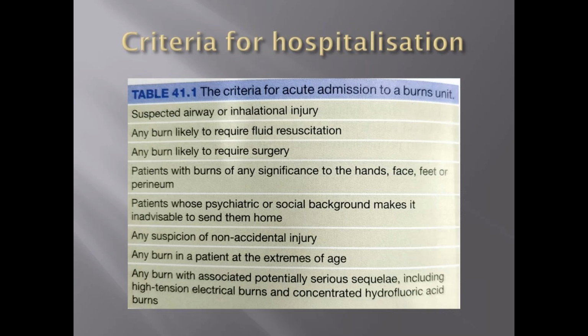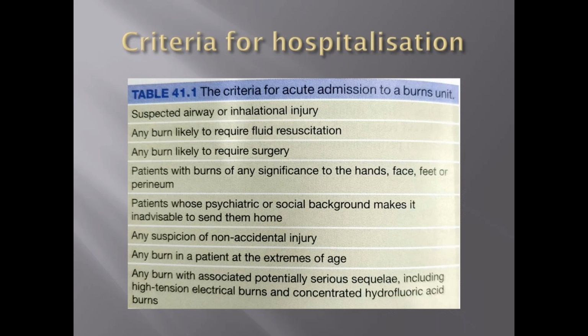So, what is the criteria for the hospitalization of burns patient? If you suspect any airway or inhalational injury, the patient should be admitted. Any burn likely to require fluid resuscitation. Any burn likely to require surgery. Patients with burns of any significance to the hands, face, feet, or perineum.